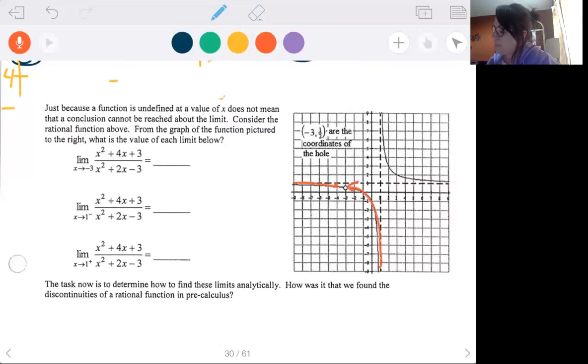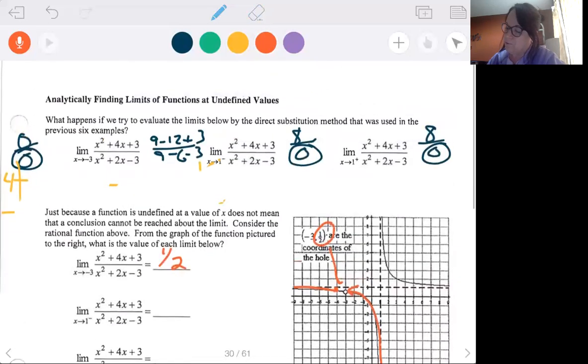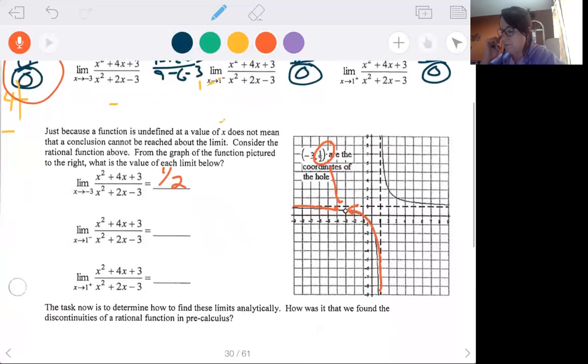I've got a limit at the y value of that dot, which is a half. Notice when I got the 0 over 0, it didn't mean the limit didn't exist. It didn't mean I was going to infinity. It actually meant that the limit was a half. How did that happen? We'll talk about it.